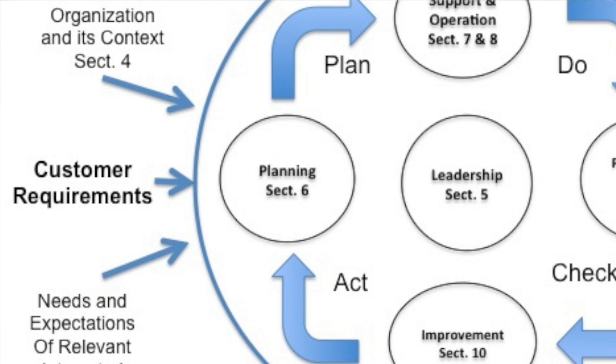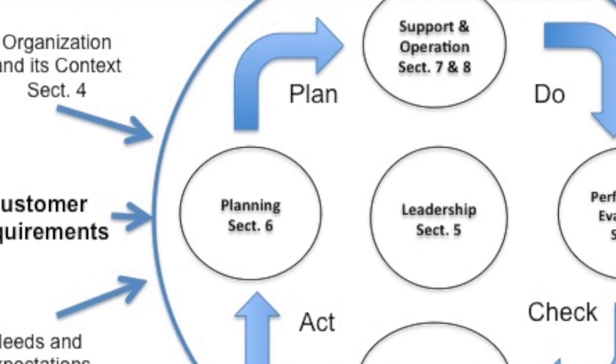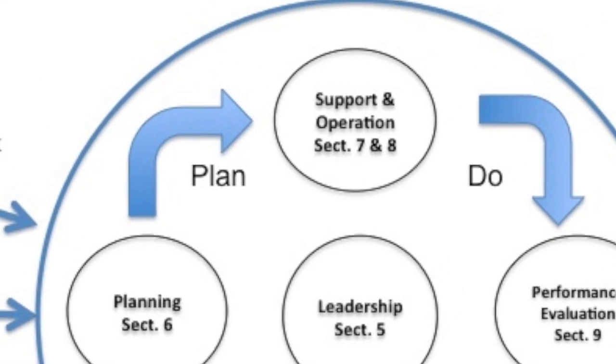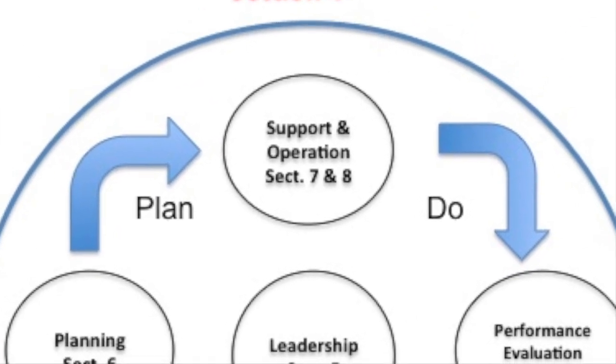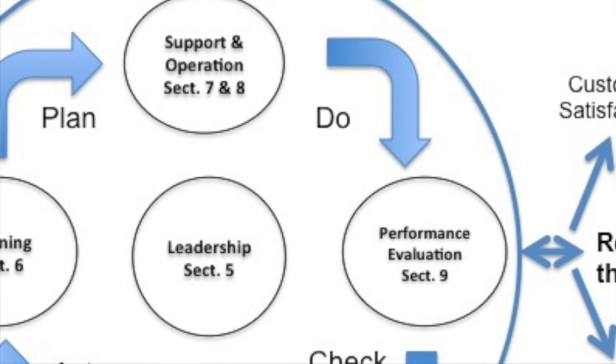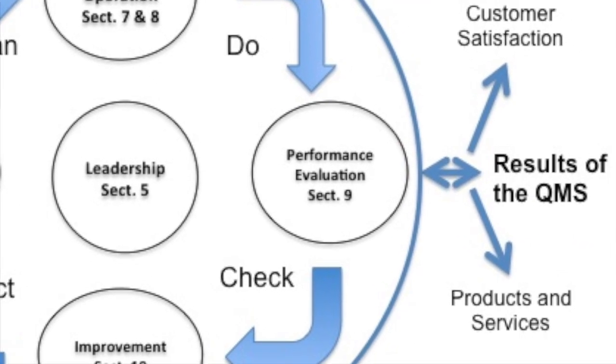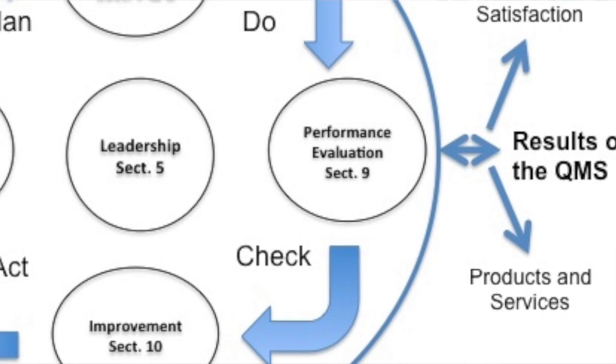And anyway, we start with our planning in Section 6 to actually provide that product or service. And that goes to our support and operations, which is 7 and 8. And then we do it, and in Section 9, it's the performance evaluation. We have to determine and evaluate what's going on, and then we're going to actually improve.